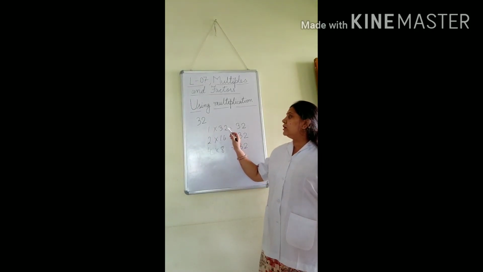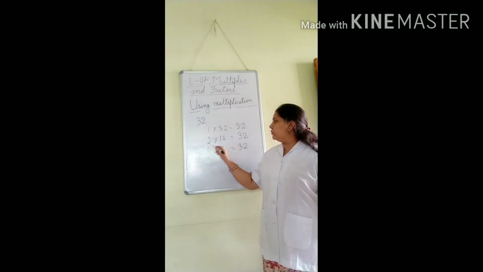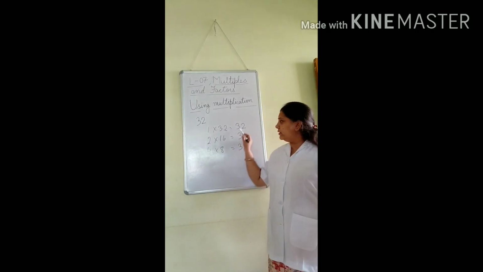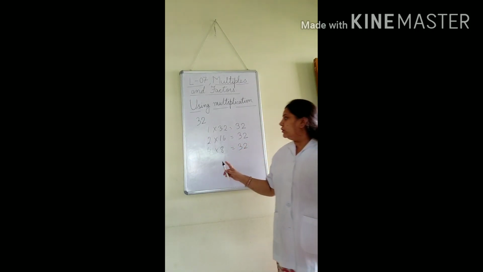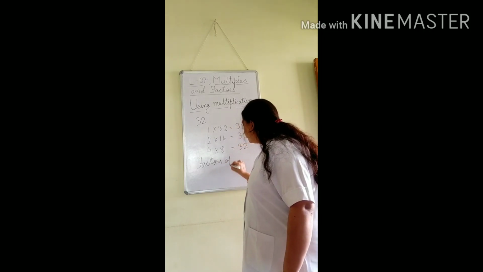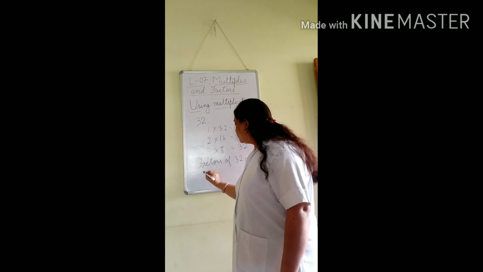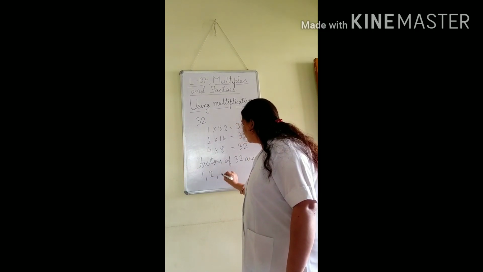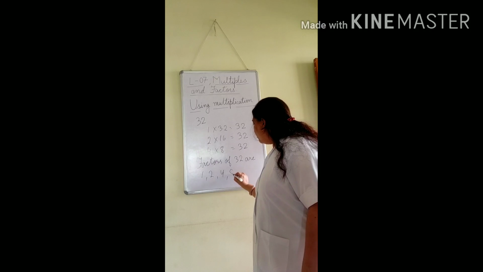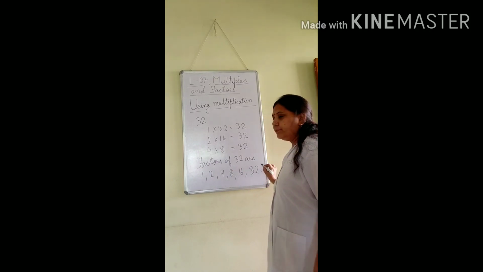Similarly, if we reverse the numbers, 32 into 1 is equal to 32, 16 into 2 is equal to 32 and 8 into 4 is equal to 32, we are getting the same numbers here. So, the factors of 32 are 1, 2, 4, 8, 16 and 32.